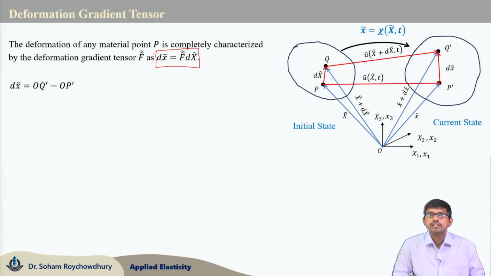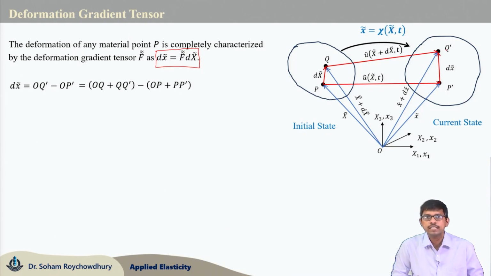From geometry, dx can be written as OQ' minus OP'. You can see P'Q' is the small dx vector. So, OQ' minus OP' defines the dx vector.